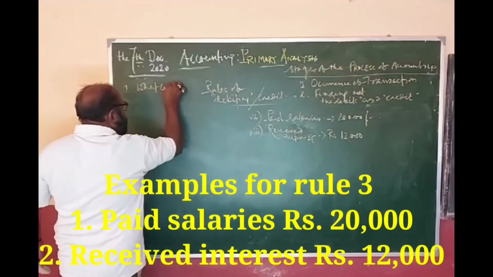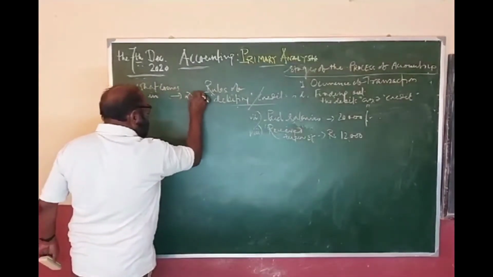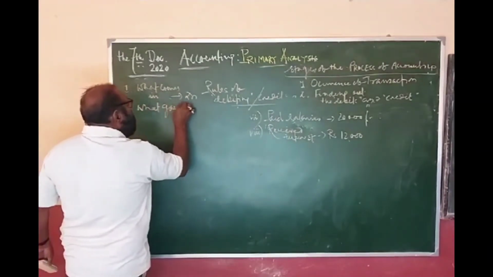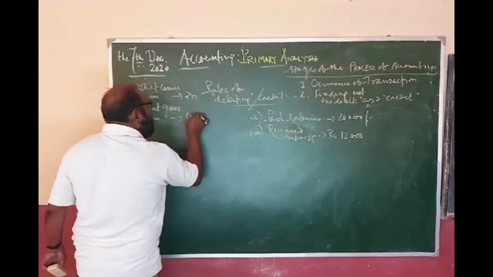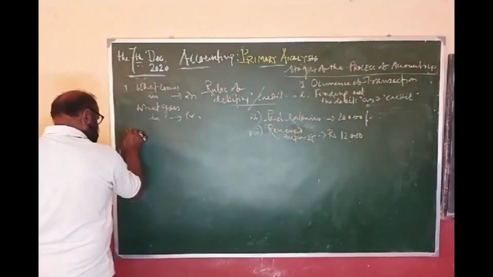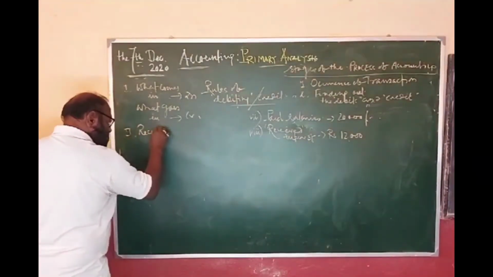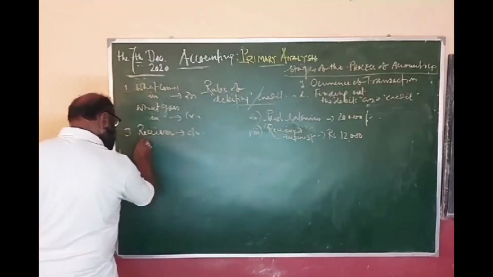What comes in? Debit. What goes out? Credit. Go on memorizing properly and go on applying it simultaneously. Next, receiver, debit.